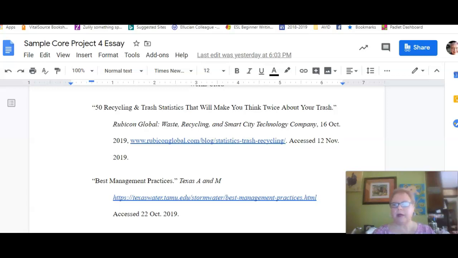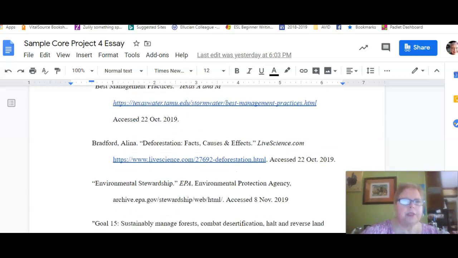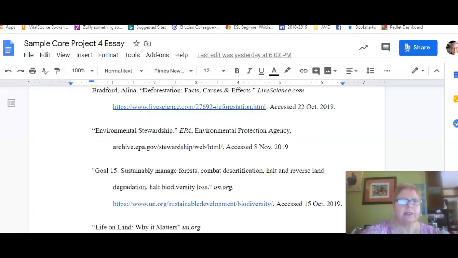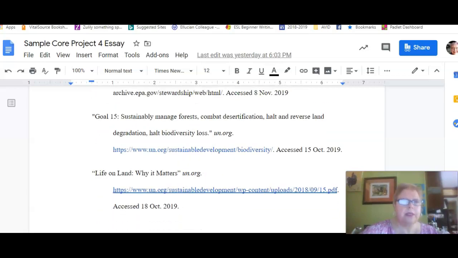If you have any titles that begin with a number instead of a word, numbers go first in alphabetical listings. So he's got 50 first because that is how alphabetical listing goes. And then he's got B for best management, and B for Bradford Alina, who is the author of this article. He's got environmental stewardship, and goal 15.